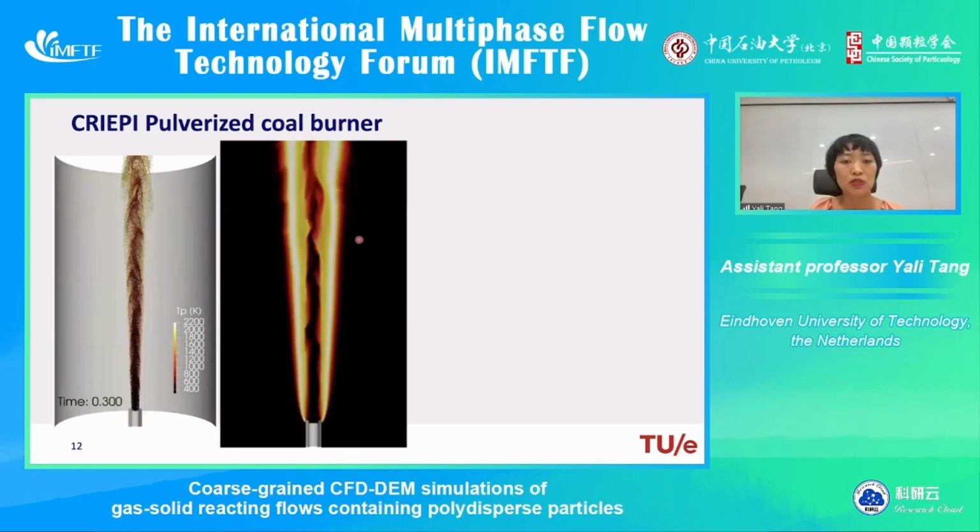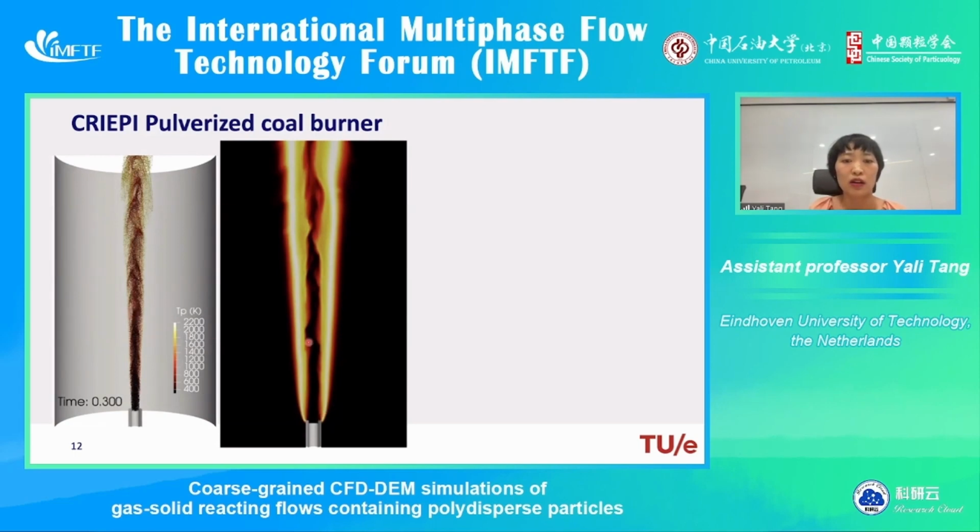This snapshot is also from this. The result is the flame. It shows the coal flame. As you can see, there's a high temperature region formed due to the combustion. In the center of the flame, there is a low temperature area that is basically due to the presence of the cold particles.